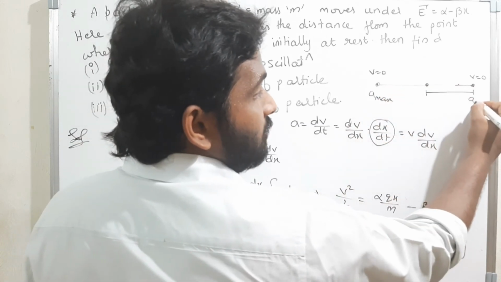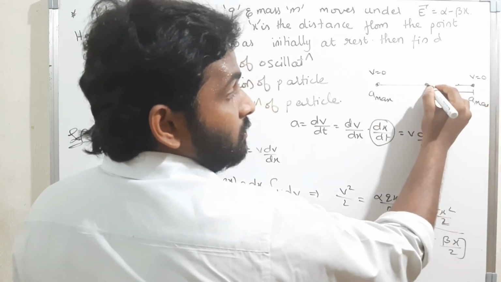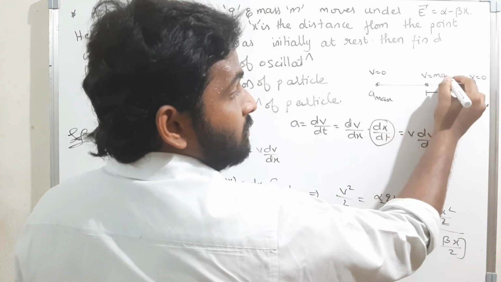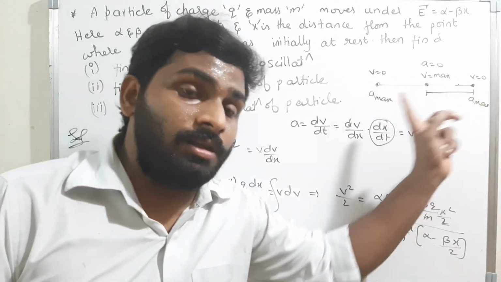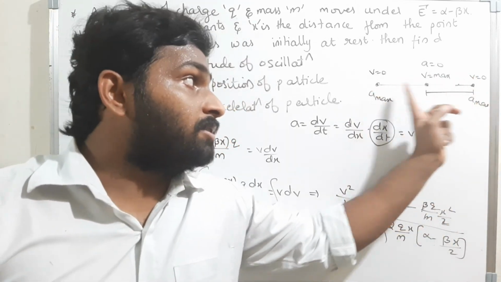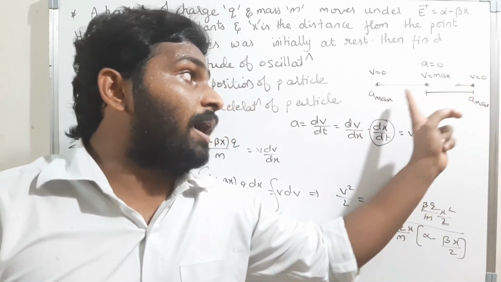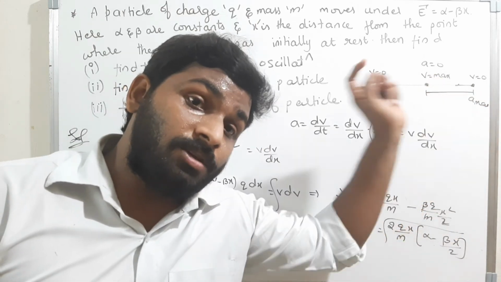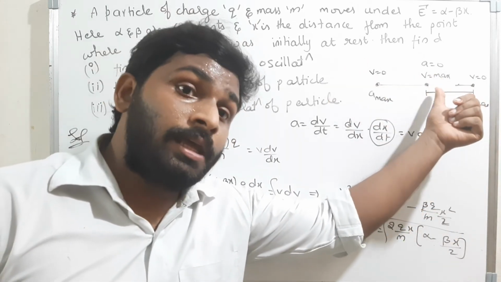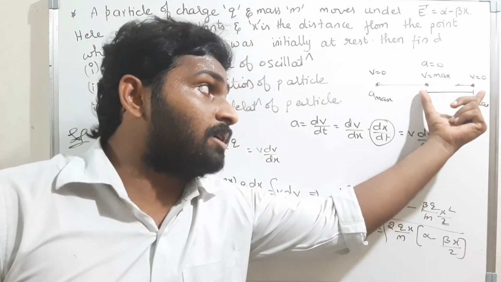At the mean position, the velocity is maximum and the acceleration becomes 0. That is the meaning of an oscillation. I think everyone knows this. So the amplitude is the distance between the mean position and the extreme position.